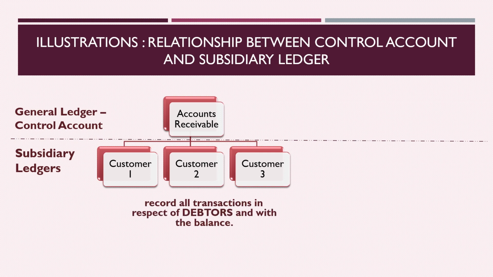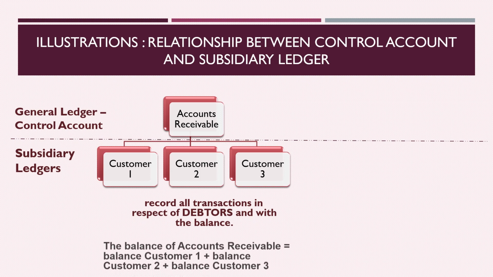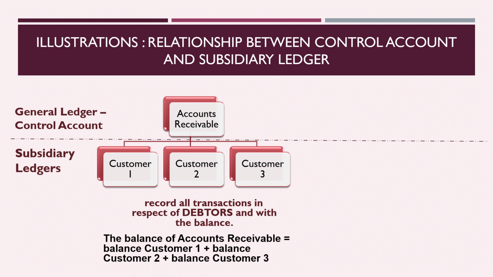Subsidiary ledgers in accounts receivable record all transactions in respect of debtors, with the balance. So, the balance of accounts receivable equals the balance of Customer 1 plus the balance of Customer 2 plus the balance of Customer 3.